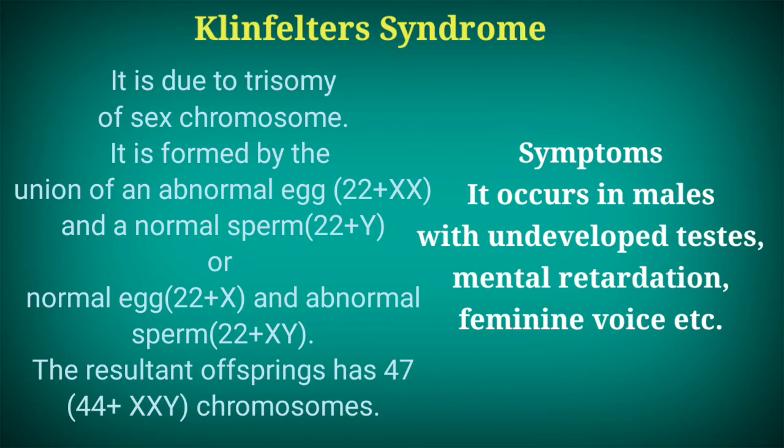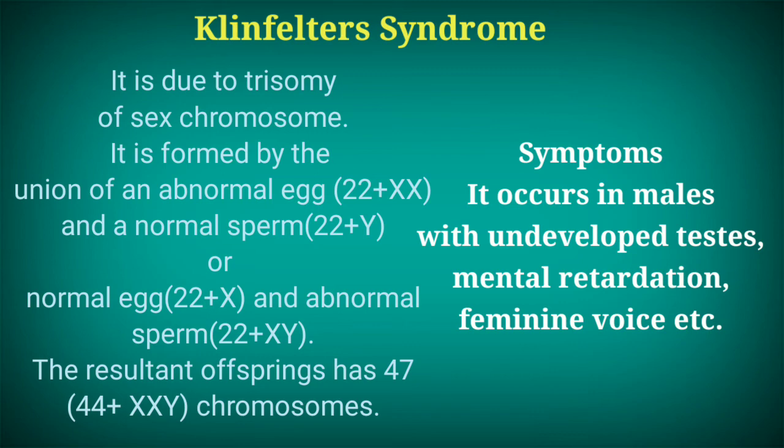So it is formed by the union of an abnormal egg, 22 plus XX, where the non-disjunction in meiosis cell division had taken place, and because of that, the XX chromosomes, which would have separated in a normal cell division process, did not separate during meiosis.